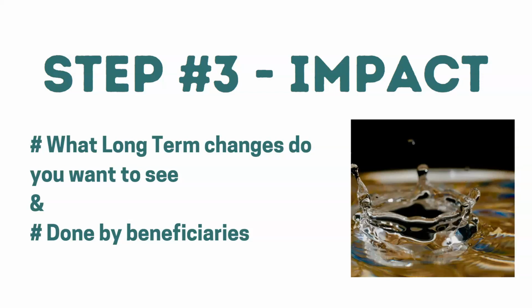So going back to this point, step 3 is about impact. It's about what the beneficiaries will do themselves. And impact is always long-term. And when you're writing or thinking about your impact, try to make it short.